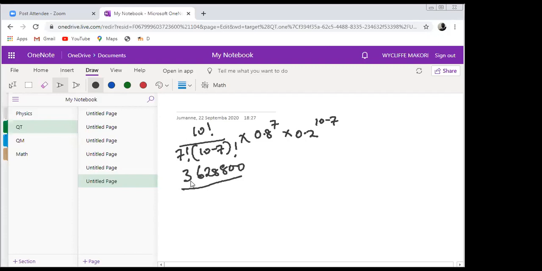Then 7 factorial, what do you get? 5,040.